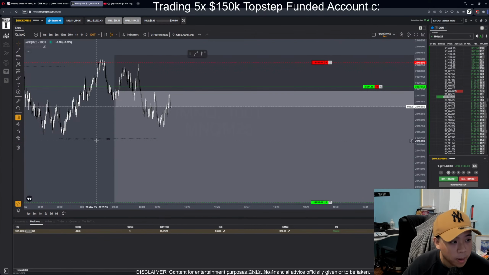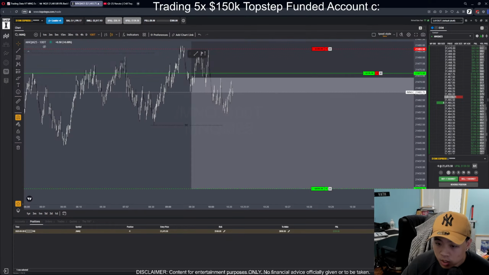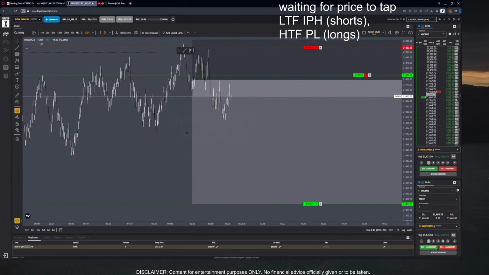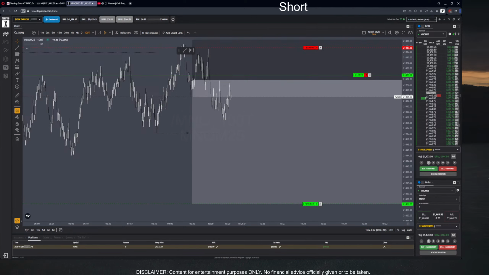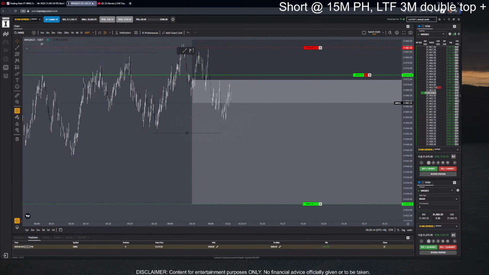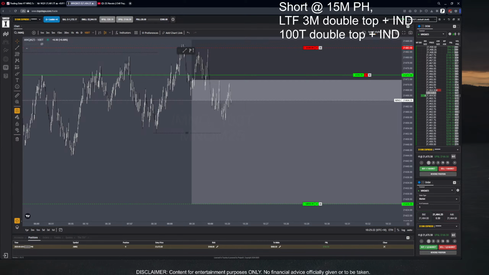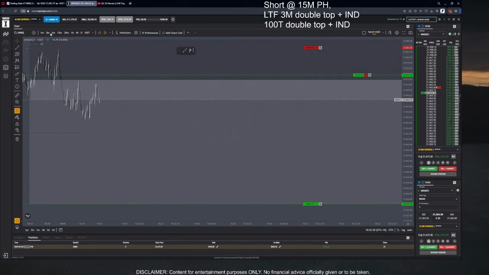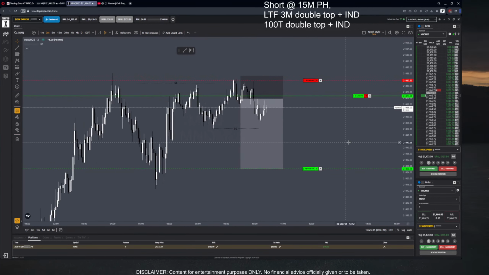Just going to keep this trade vibing out. This is what we're looking at. Okay, we'll let it vibe out.